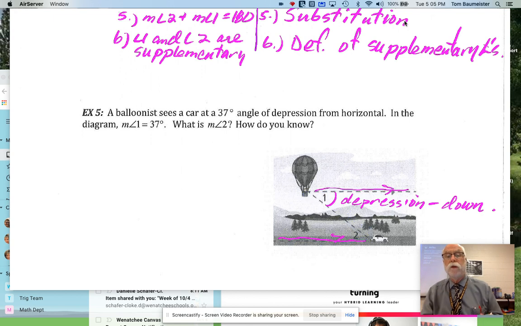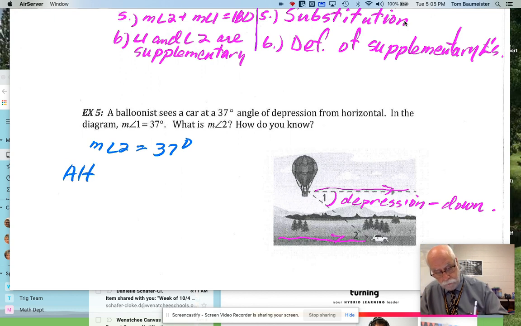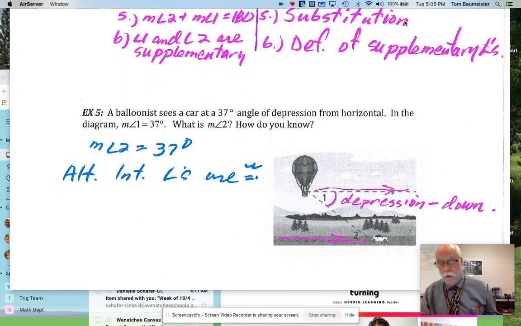And remember, those are alternate interior angles because they're both on the inside of the parallel lines there. So you would be able to tell me on this one here that the measure of angle 2 is equal to 37 degrees. And your reason would be because alternate interior angles are congruent.